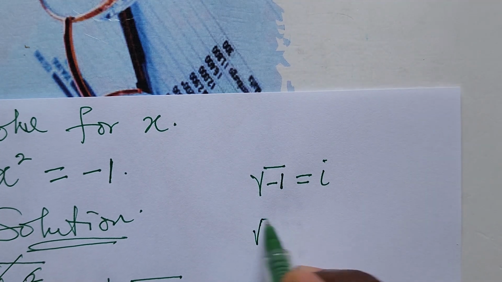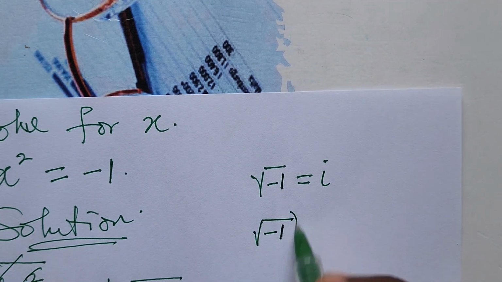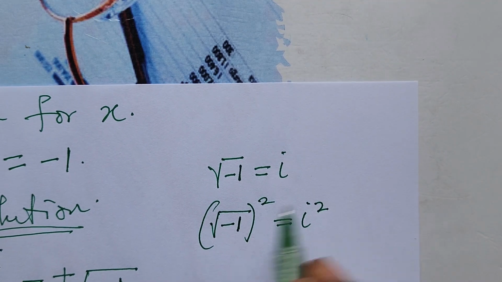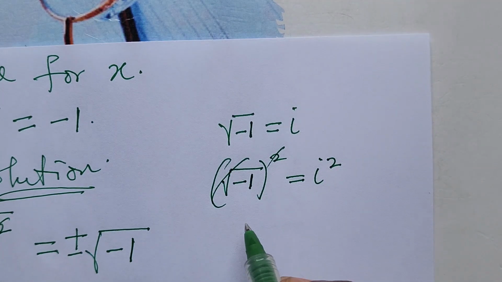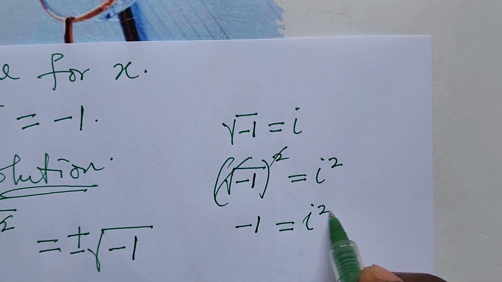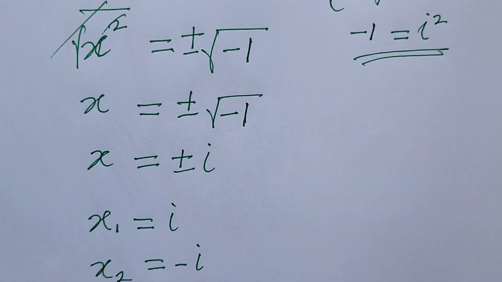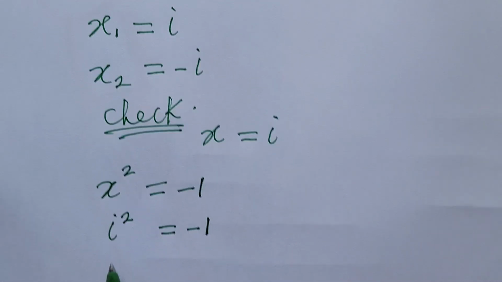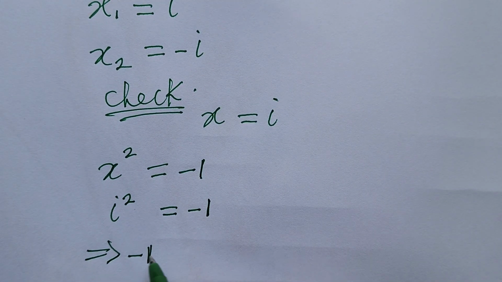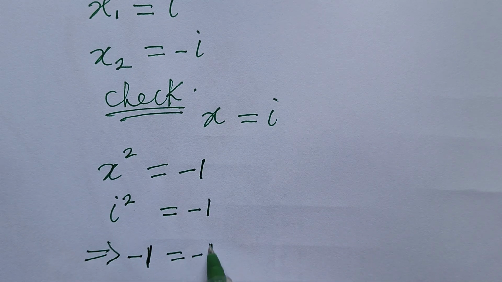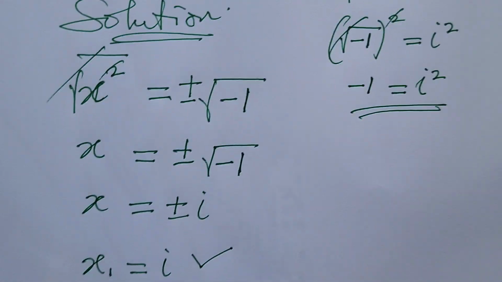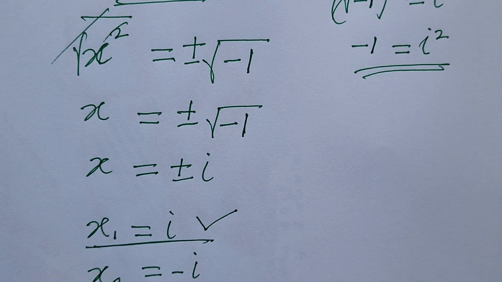So this is going to give us the square root of minus 1 all to the power of 2, which is equal to i to the power of 2. So now we have minus 1 is equal to i to the power of 2. It means i to the power of 2 is the same thing as minus 1. So this now implies that minus 1 is equal to minus 1. So it shows that the first one is correct.